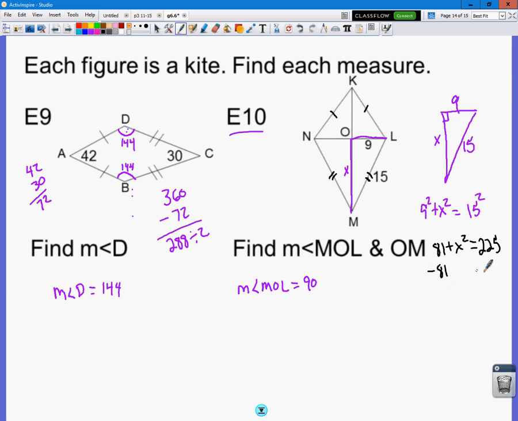If I subtract 81 from both sides, I have x squared is equal to 144. And again, the opposite of squaring something would be finding its square root. And what is the square root of 144? 12. So, from O to M is 12 units long.